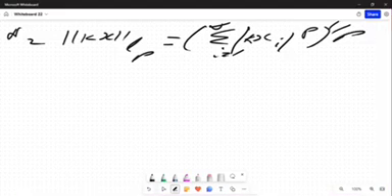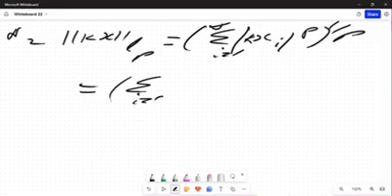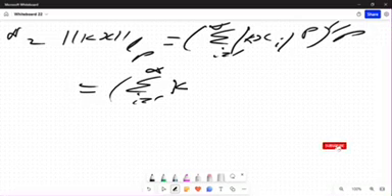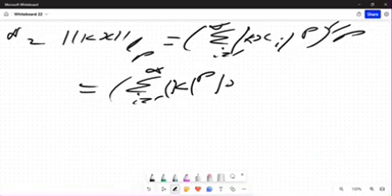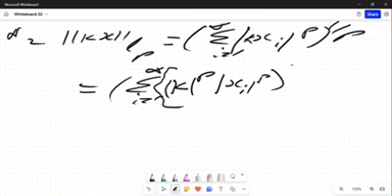Of course, everything inside here is to power p, so I can bring k out, meaning that this is equal to the summation, i counting from 1 to infinity, of k to power p times xi to power p, everything here including this one to power 1 over p.